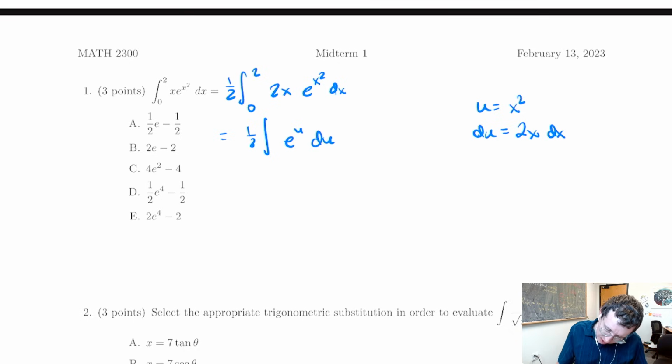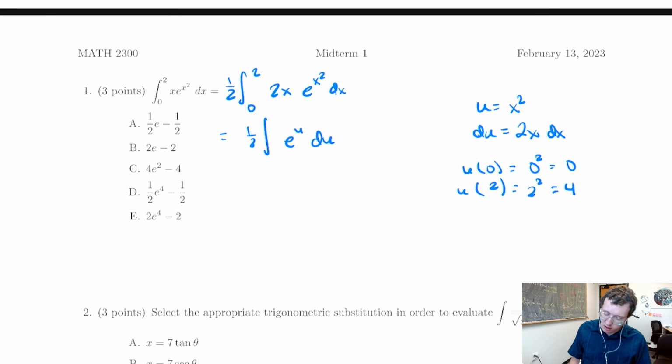And a very common mistake here would be to leave those bounds as 0 and 2. But when x is 0, well, u is still 0. But when x is 2, u is 2 squared, which is 4. When I have a definite integral and I do u substitution, I need to convert the bounds.